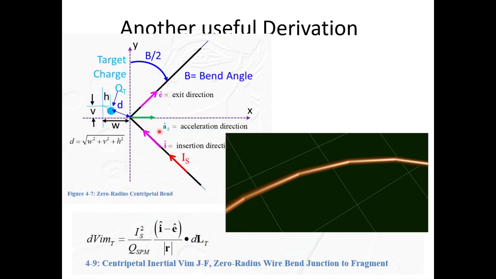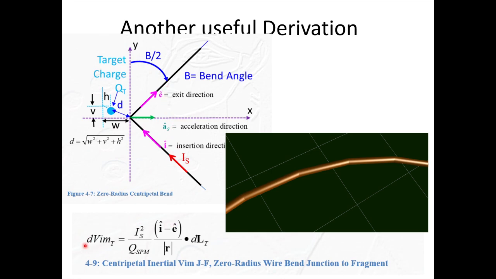Now, another useful derivation, which is in the paper, I'm not going to go into because it's a long derivation. Instead of having to actually integrate around the bend of a curve, if you take the equations before and you set the length of the curve to 0, then you can get what we're going to call the junction effects. It's like you have current entering this junction and current exiting this junction.